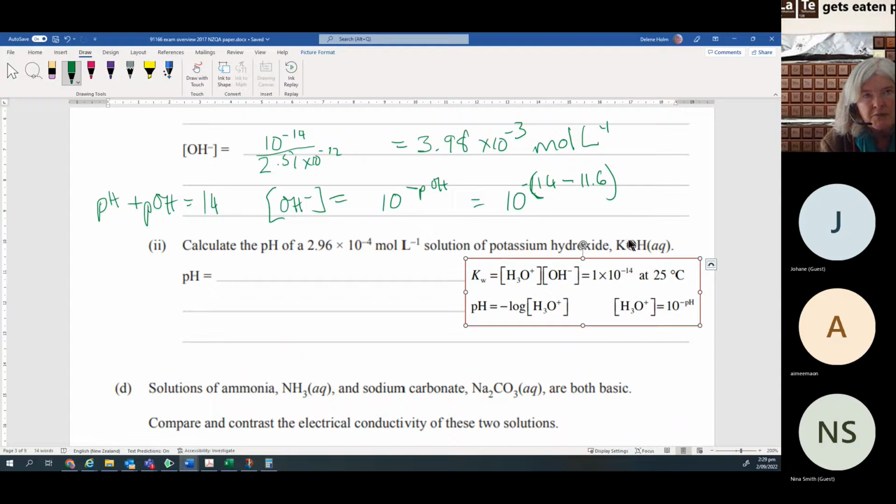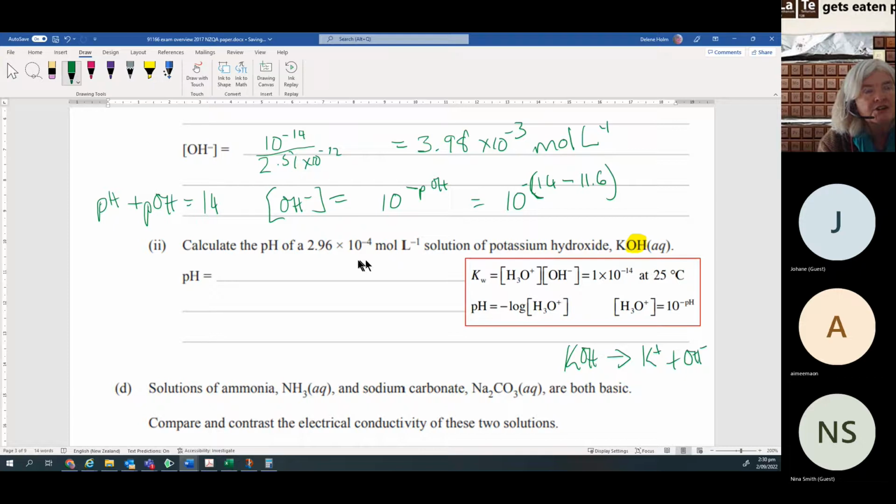So what we're going to be doing now is we first will be looking at the hydroxide calculation, because when I put KOH into water, it breaks up completely into K plus and OH minus ions. So there's no hydronium ions here. The hydronium ions come from the water. So I first need to work out the hydroxide ions and then work out the pH.